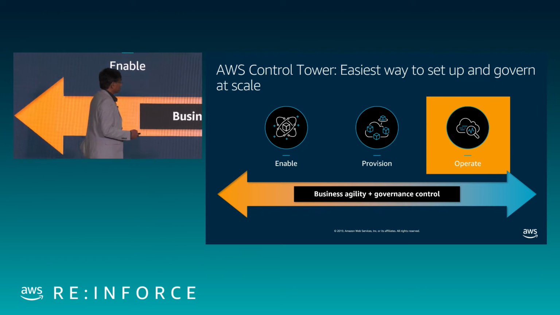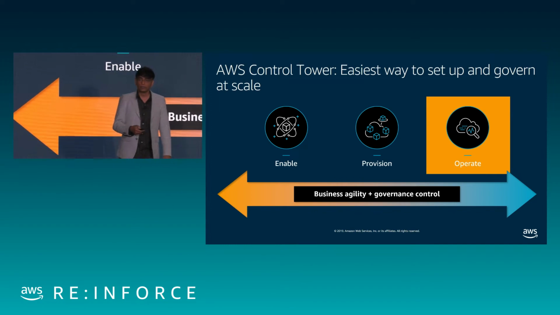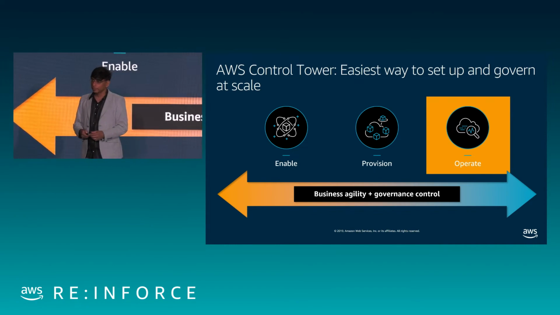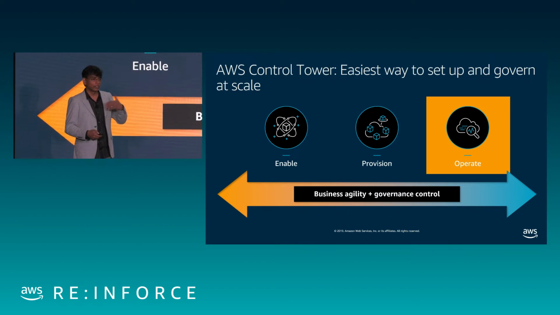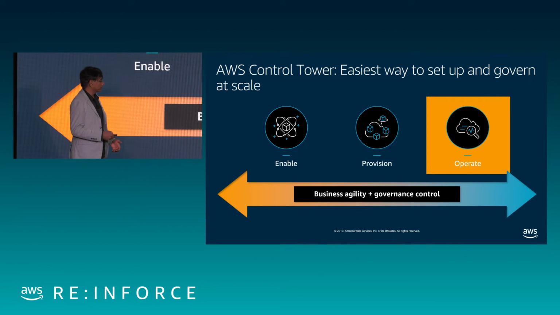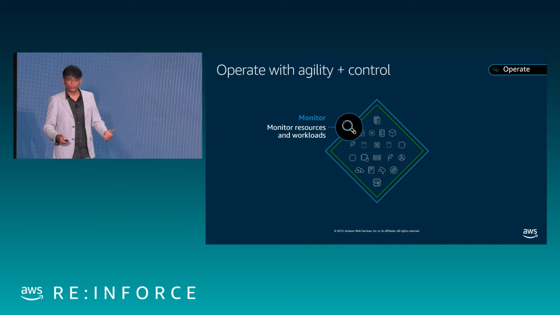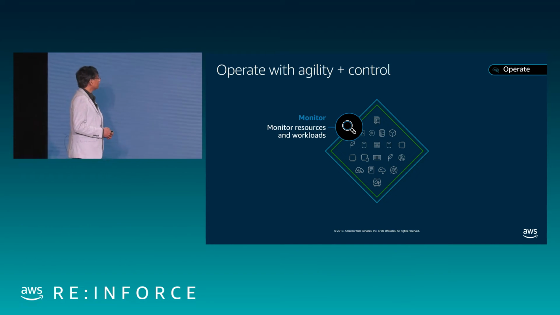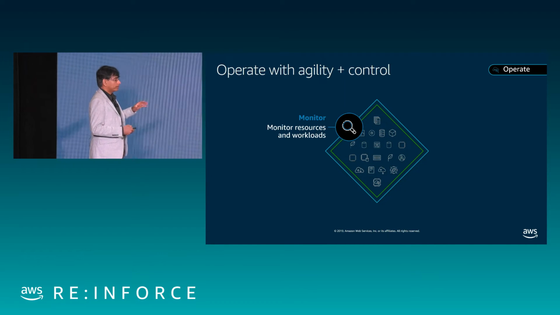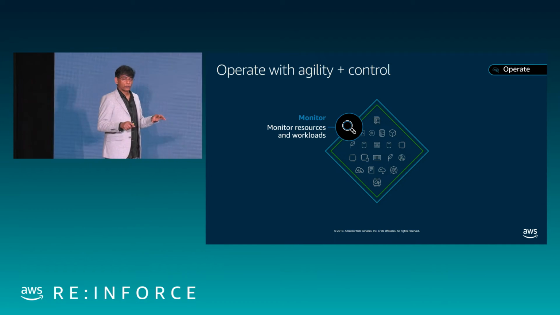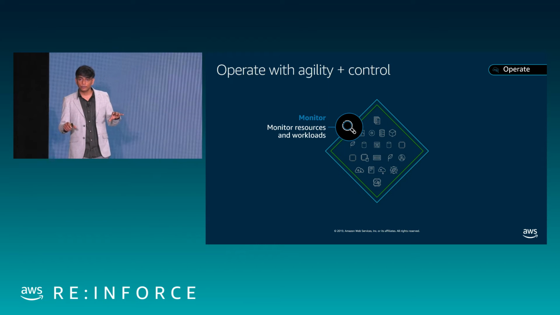All right, so last but not least, before we get into the demo, is the operational side of things. So once you set up and once resources are being provisioned in your organization, let's talk about how Control Tower provides an ongoing governance model. I mentioned how CloudWatch and SNS notifications are automatically set up for you.